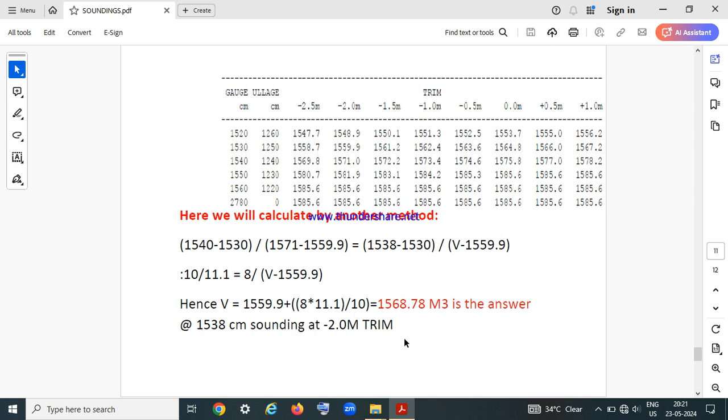A 2-3 centimeter difference is okay because sometimes we have some rolling or swell. But suppose the difference is coming like 50 centimeters, it means you are doing some wrong sounding. You have to do this yourself, and it is easy, don't worry, you will get to know.